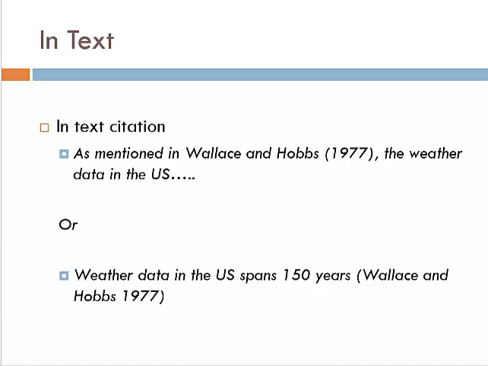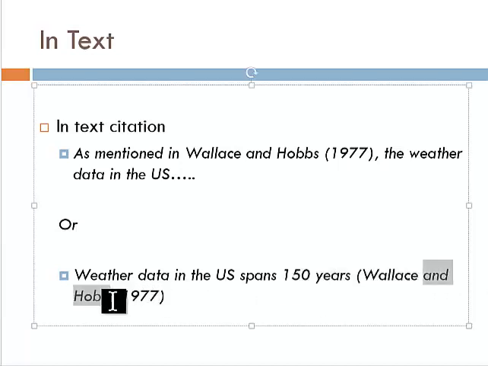If there are more than 2 authors in terms of your in-text citation, you would write the name of the lead author, and then you would change the second part to Wallace et al. 1977, right? So that means Wallace and others.